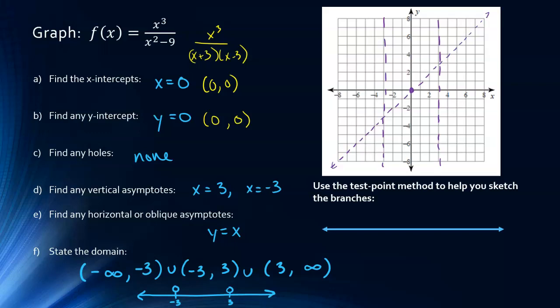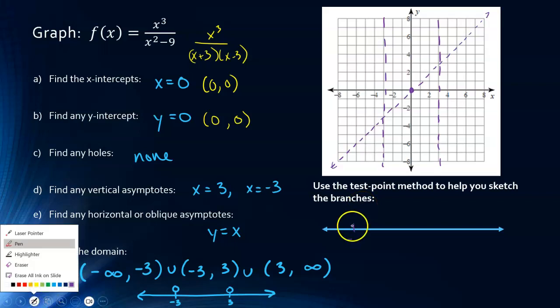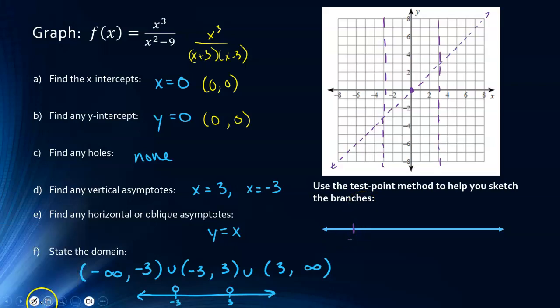Let's look to see what the graph now would look like. And so we're going to use test points. So we'll use a test point at negative 3, I'm going to use my x-intercept at 0, and my other vertical asymptote at 3. So again, we're just going to pick some points.